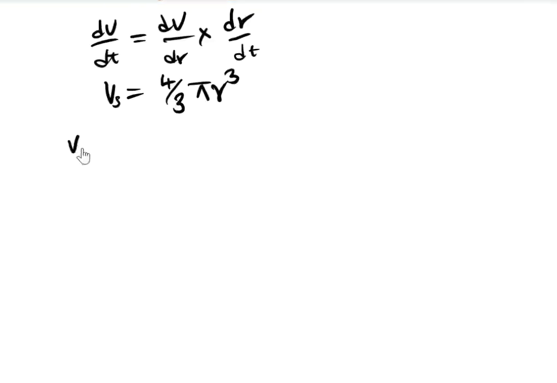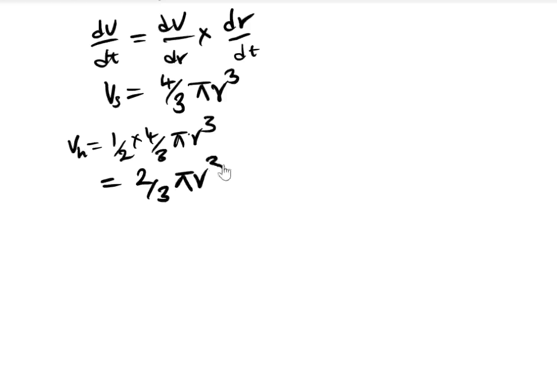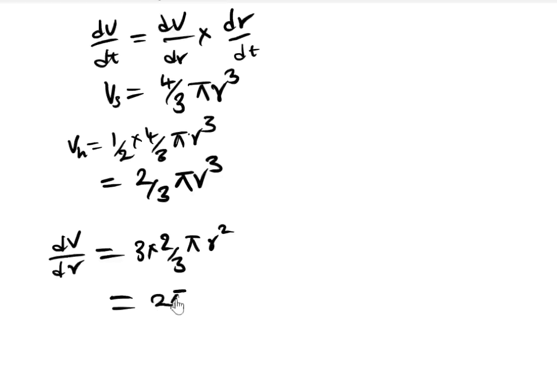V of hemisphere will be equal to half multiplied by 4 divided by 3 pi r cubed, and this is equal to 2 divided by 3 pi r cubed. Therefore, dV/dr is equal to 3 multiplied by 2 divided by 3 pi r squared, and this is equal to 2 pi r squared.